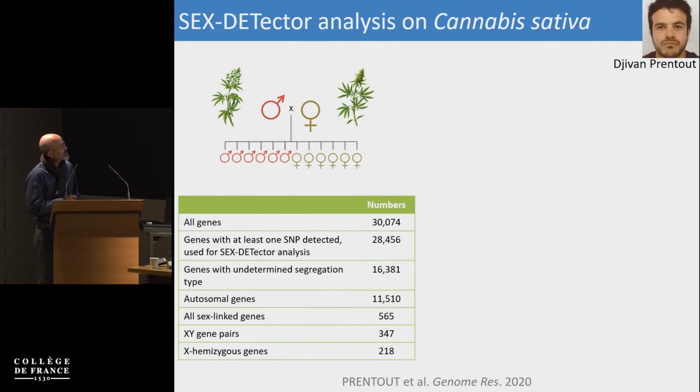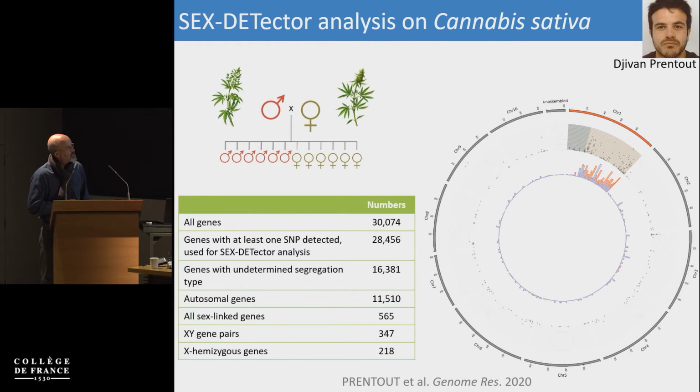So this was Jivan Prentout's PhD thesis, and Jivan ran sex detector on Cannabis sativa, and he found 565 sex-linked genes.